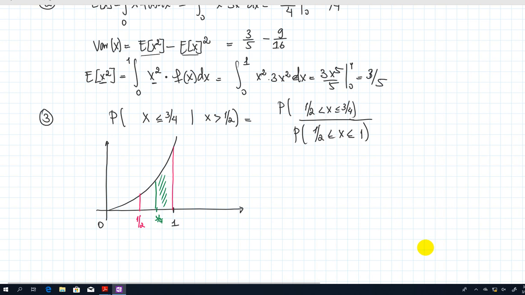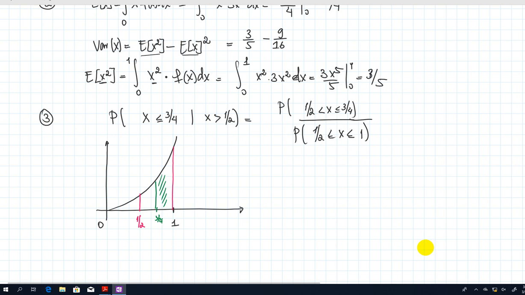Is it half, 50%? Is it 75%? Or what? So we can find the green area, then the red area, and by dividing the green area by the red area, we find the proportion.